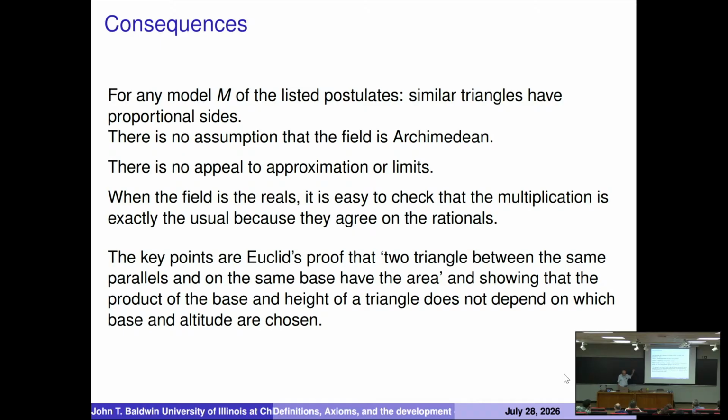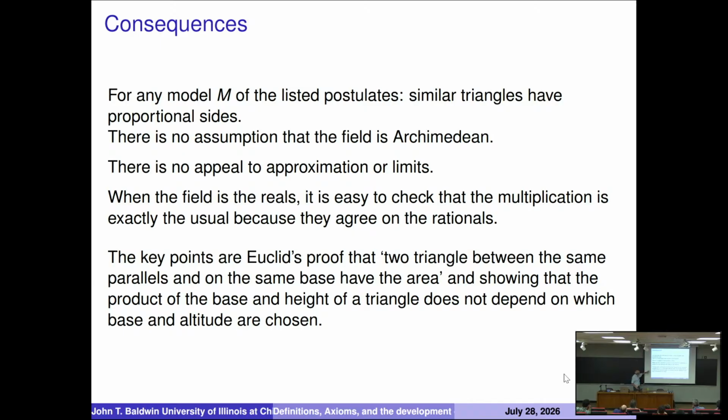All there is is that you've got this field structure. And it will in fact be the normal multiplication, because on the rationals you've really shown how to do it, and they're dense, and the multiplication is continuous, so it extends to the reals. All right.